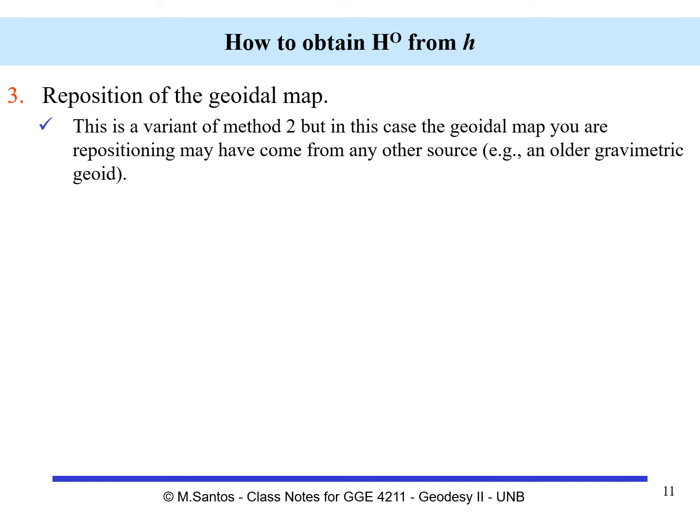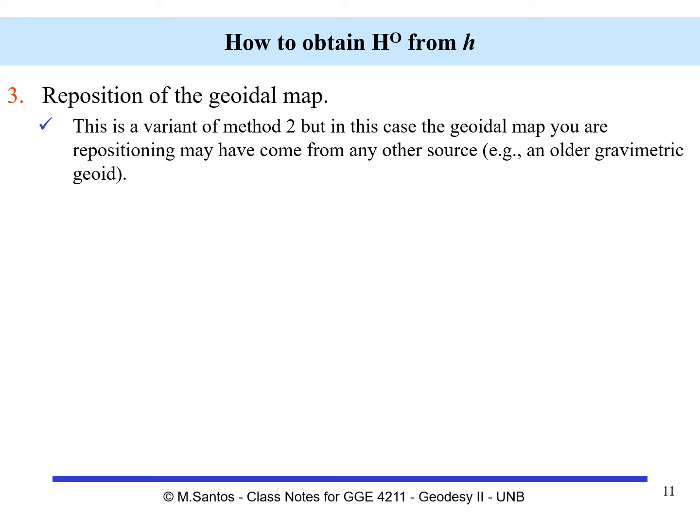The third approach is a variation of the second. If we think that instead of having the shape of a geoid coming from a geopotential model, what we have is an old gravimetric geoid. Let's suppose that there was a geoid in a particular region that you're going to work with, and this geoid you may not trace back its origin, or you may know that it was determined using old methods or whatever.